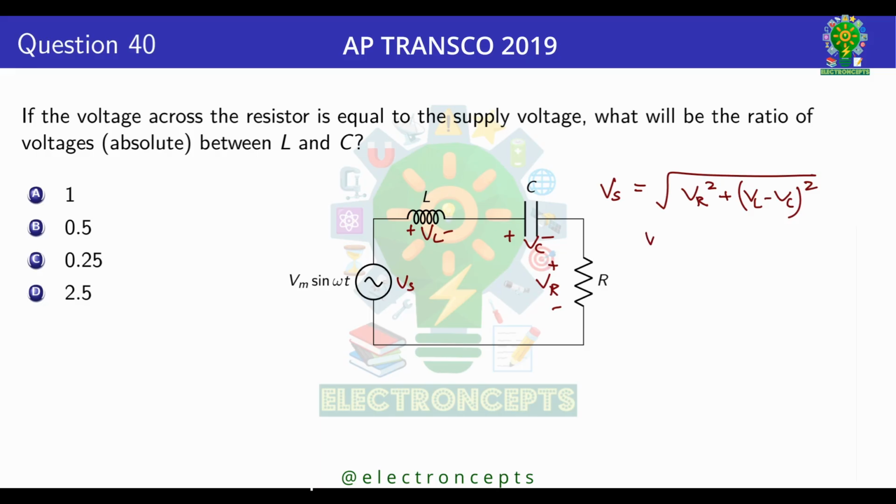Therefore, Vs is equal to Vr, let us take it as V. Substituting in the above equation, we get V square is equal to V square plus (VL minus Vc) whole square. Cancelling this, we get VL is equal to Vc. This condition represents electrical resonance, and from this, the ratio of voltages between L and C, that is VL by Vc, is equal to 1. Therefore, option A is correct.